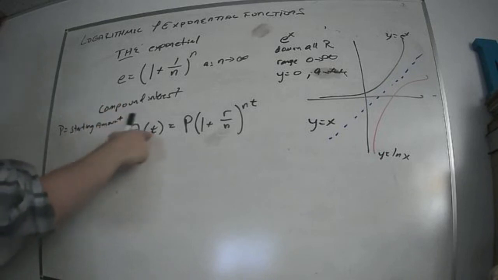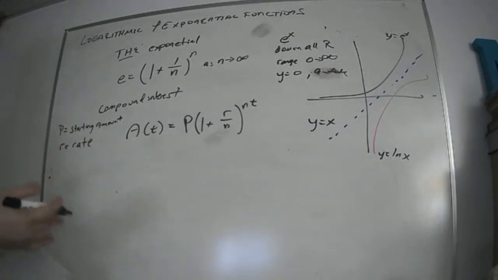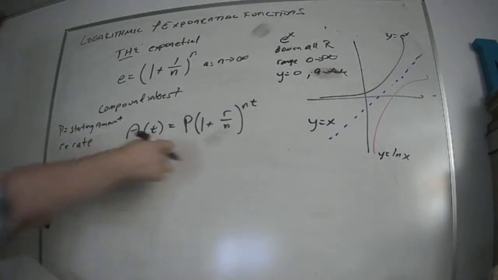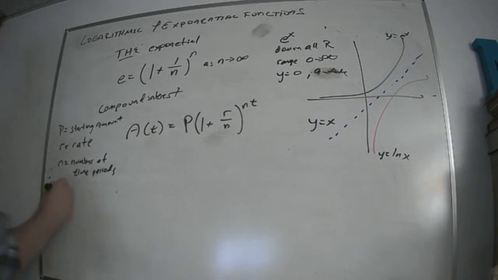So you can also say the amount with respect to time. R is the rate, so the interest rate. So if you have 1%, 10%, 18%, etc., that's R. N is the number of time periods. And t is in years, or months, or it's the time period itself.